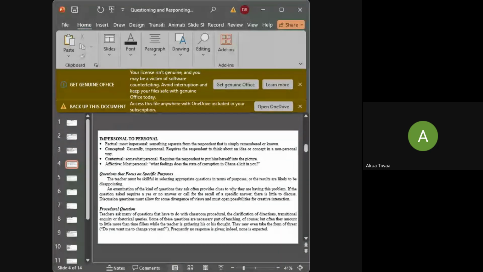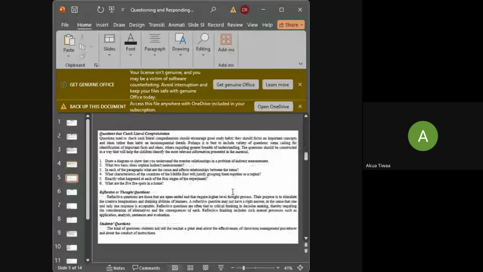And then we have questions that focus on specific purposes. So we are done with the categories. Under the categories, we have the instructional purpose, the mental processes, and the impersonal to personal.